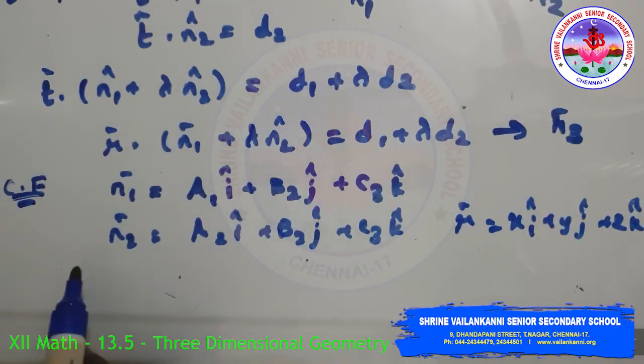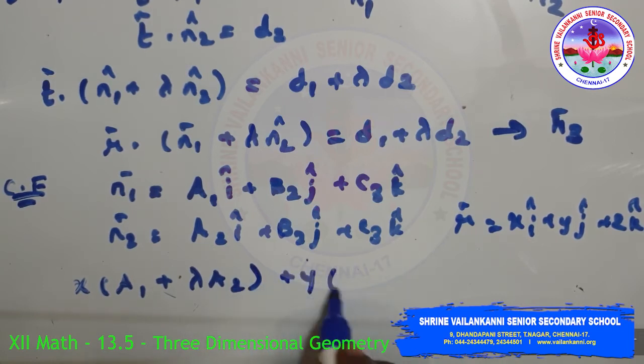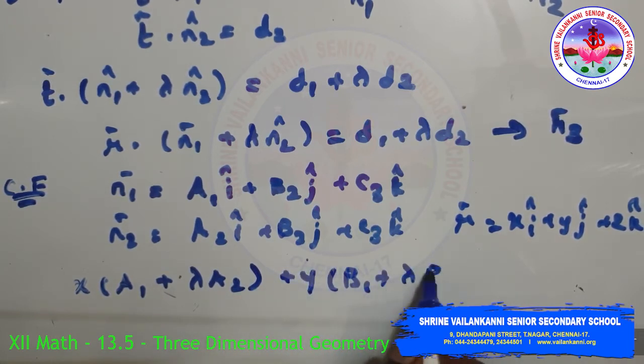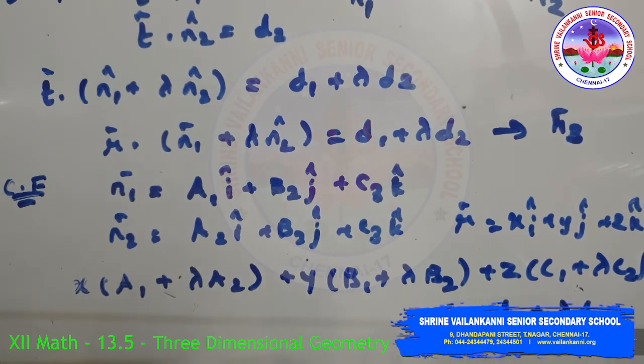Then this equation will become x into (a1 plus lambda of a2) plus y into (b1 plus lambda of b2) plus z into (c1 plus lambda of c2), which is equal to d1 plus lambda of d2.